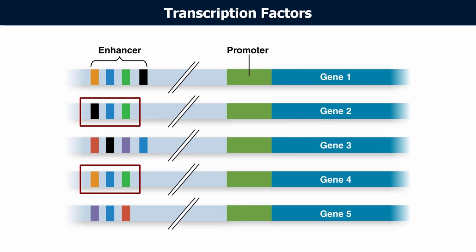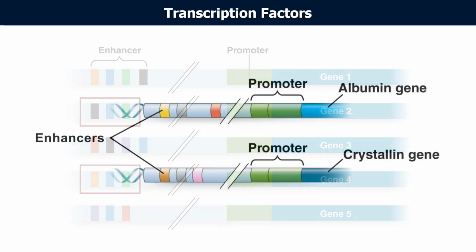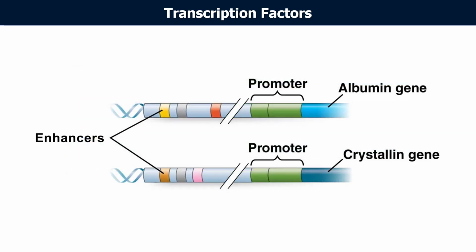Now let's look at a slightly more specific example. Here are 2 different genes that you have in your body, the albumin gene and the crystalline gene. Albumin is a protein, and this is the gene that encodes it. Albumin is a protein that needs to be present in liver cells.